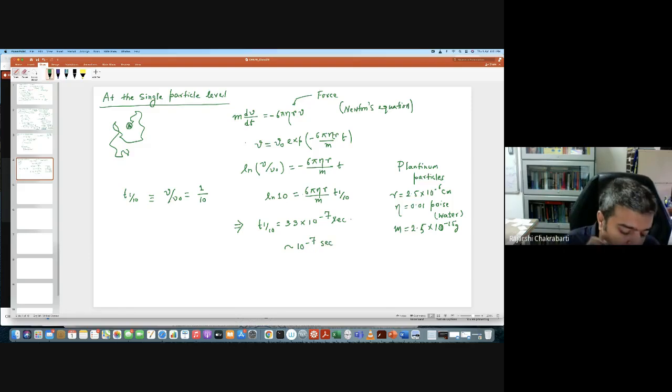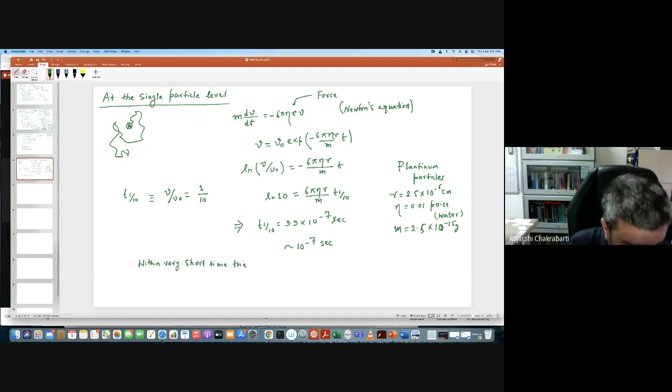So within a very short time, the particle practically, nearly completely loses its original velocity.